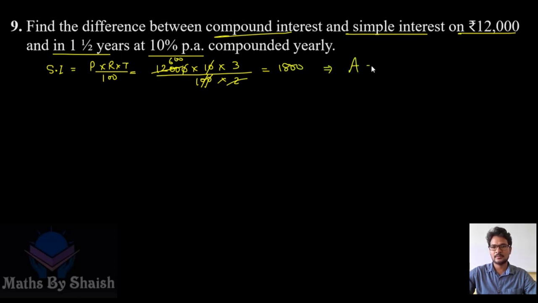So the amount would be 12,000 plus 1800, that is 13,800.